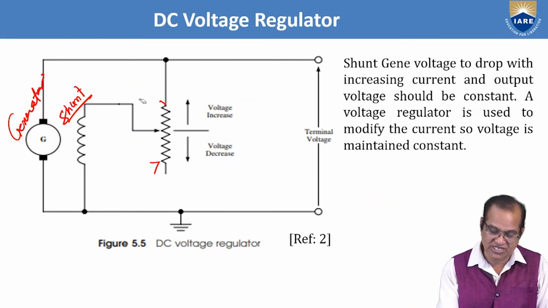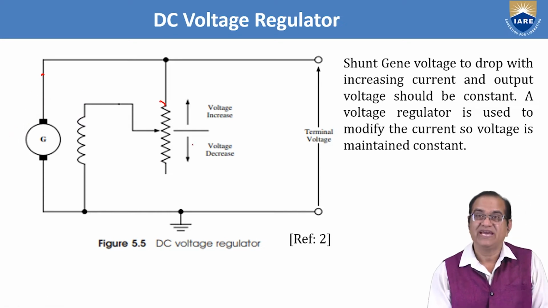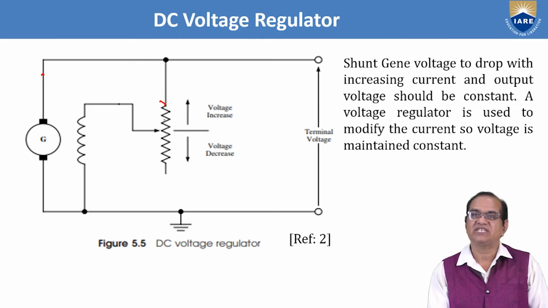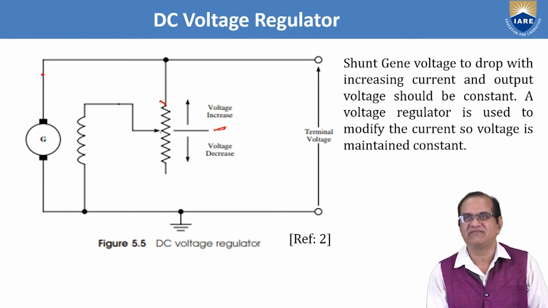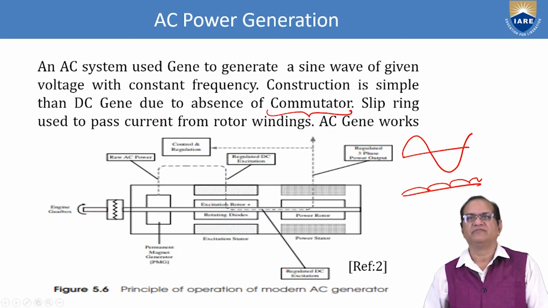We want a constant voltage. So in this, a resistor is used. This resistor will make sure that the voltage is constant. We want a constant voltage here, but if you want to increase or decrease it, you have to change this part, and then you will get the required value.